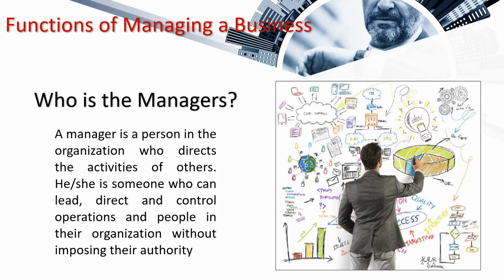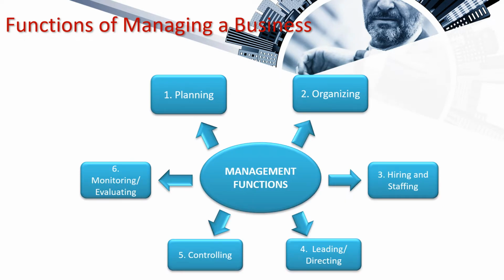Now, to show you this, these are the different functions in managing a business. We have here planning, organizing, hiring and staffing, leading and directing, controlling, and lastly, monitoring and evaluation.